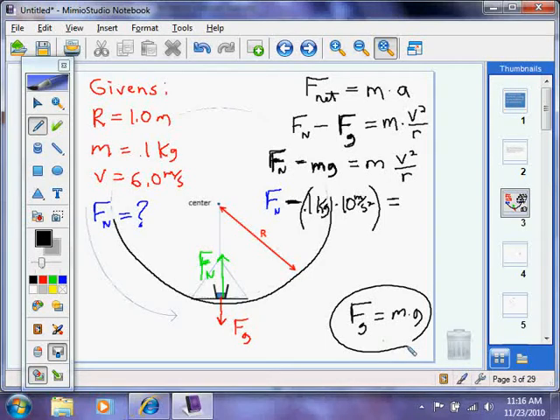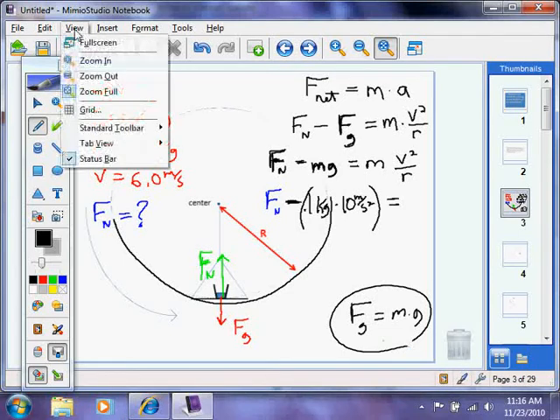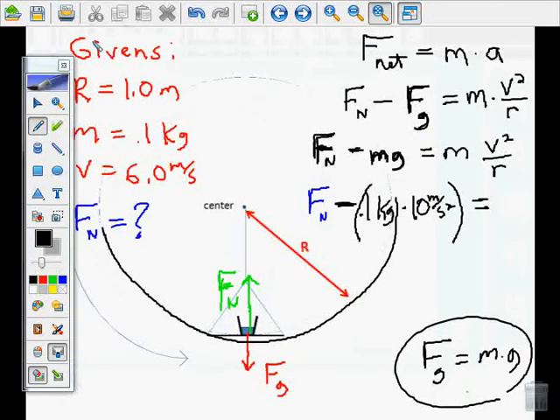All right, so then we go to the right-hand side of the formula. And on the right-hand side, we're going to have, let me make some room over here.